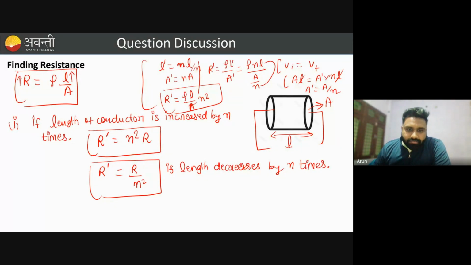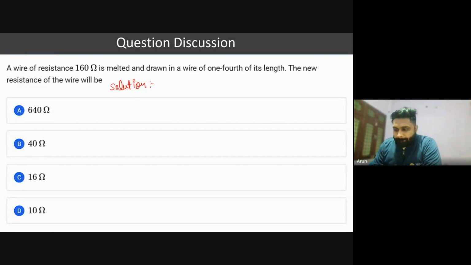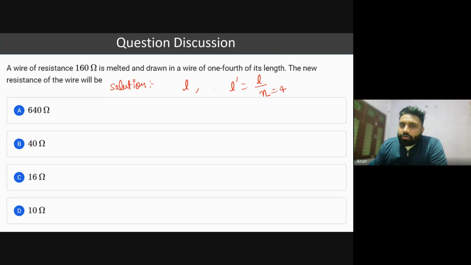Now, look at the question. A wire of resistance 160 ohm is melted down into a wire of 1/4 of its length. That means length is decreasing 4 times, so the value of n will be 4. Got it? Initially the length is L. The L dash will become L by n, and n is equal to 4.